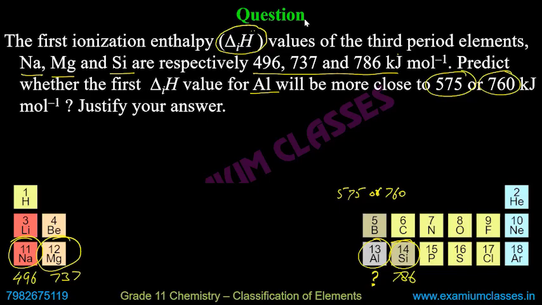So it will be easy to remove an electron from aluminium. So its value, I think, must be closer to 575 kJ per mole. Correct, correct. So that is correct explanation basically.